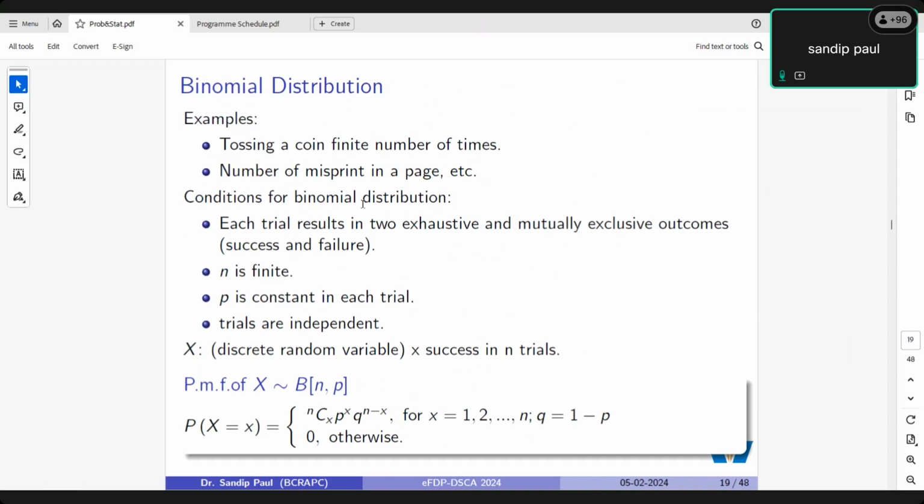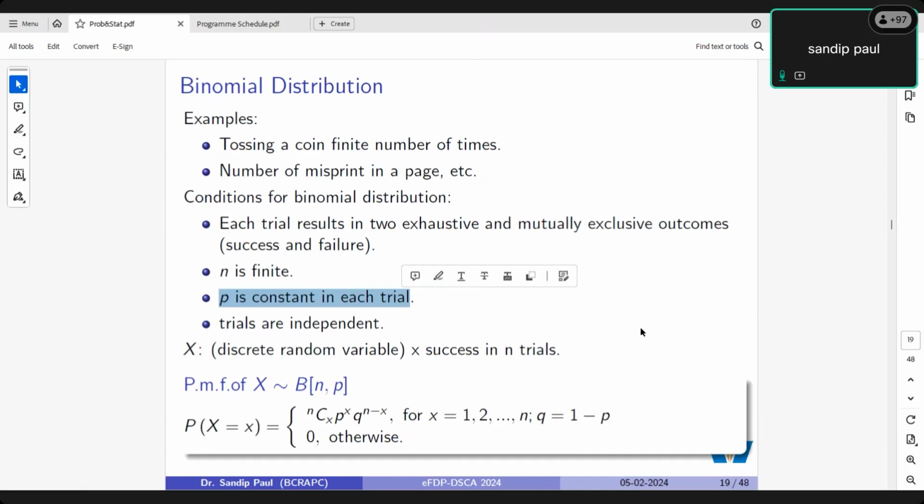The requirement for the binomial distribution for any random variable is that n is finite. n denotes the number of trials, how many times you are performing the experiment. Next, p must be constant. If you toss a coin, the probability of getting a head, where the number of heads denotes the random variable, does not change from trial to trial.